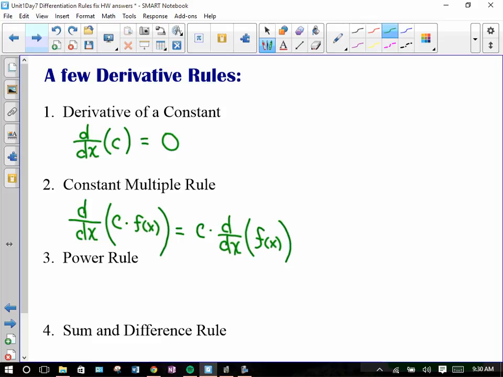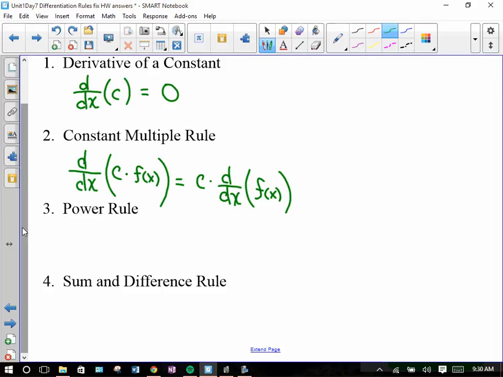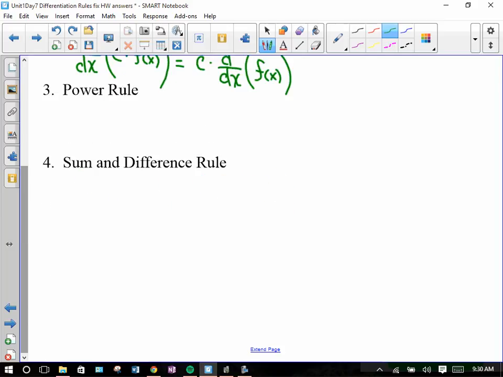Now, the power rule is the one that you guys sort of saw on Friday. You guys sort of came up with it.